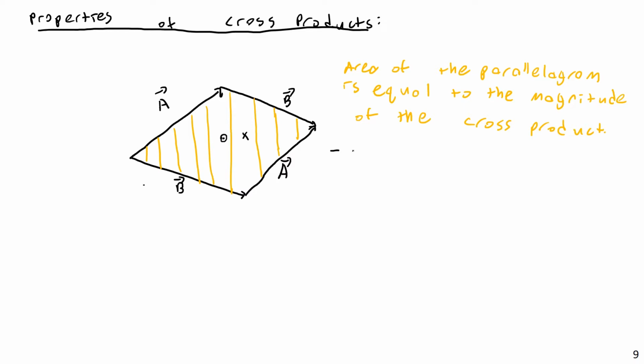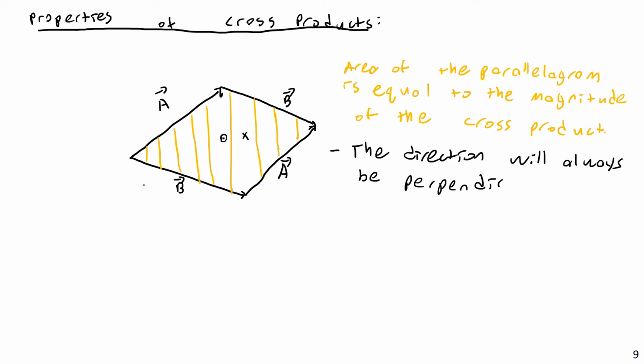The direction of the cross product will always be perpendicular to the vectors that you have crossed. And in terms of what direction it is, it does obey the right-hand rule.